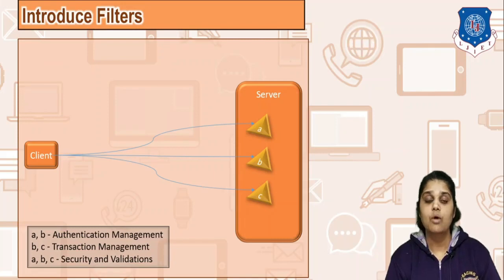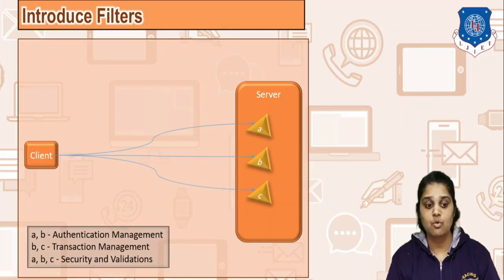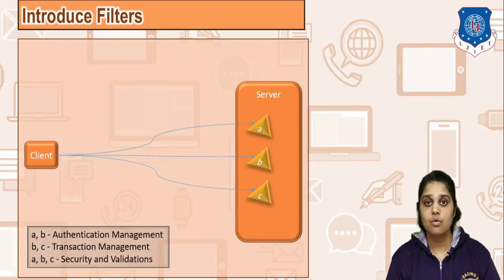So a simple person, if he wants to access A, is going to write the authentication code inside A. He is going to write the same authentication code into B. Then if a user is going to access B and C, he is going to implement transaction management into B and the same code into C. So these various codes for authentication, atomicity, ACID properties, as well as security and validation, all have to be written in all the different servlets individually.